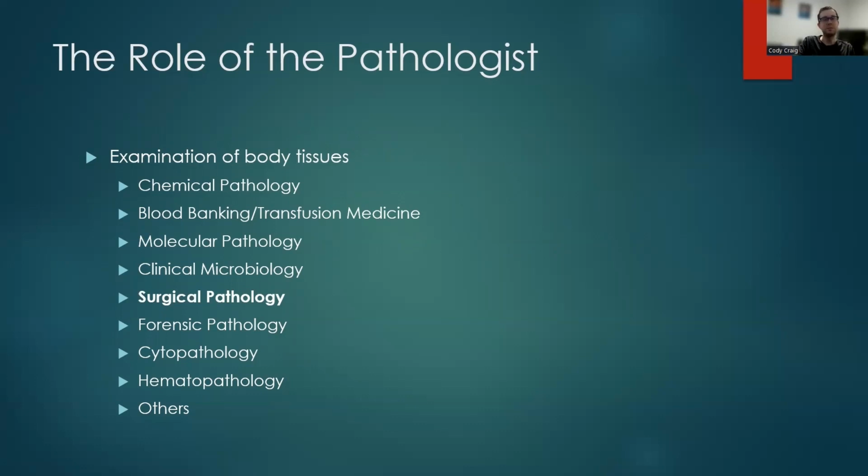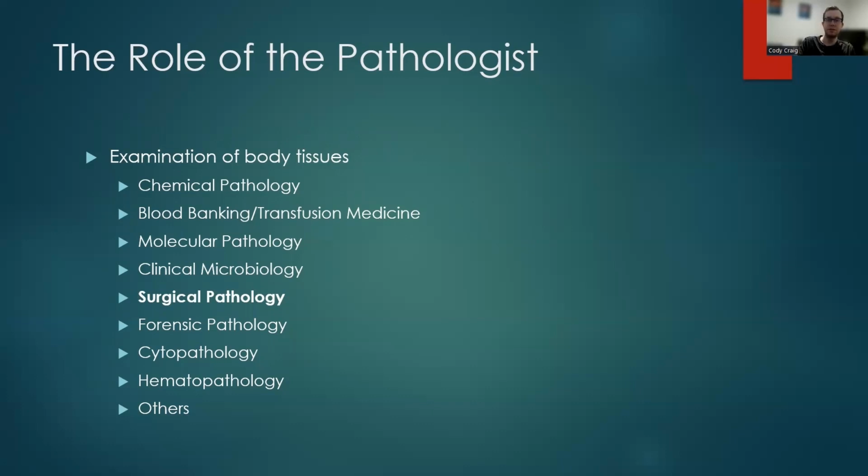The thing that most people are probably familiar with are autopsies, especially what you see on the news, forensics cases, and that would also fall under our purview. Even though I am certified in all of these areas, I specifically work in what we call surgical pathology. We work very closely with the surgeons.